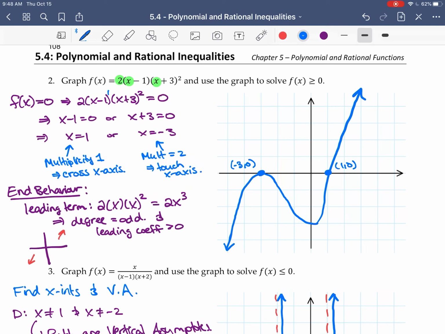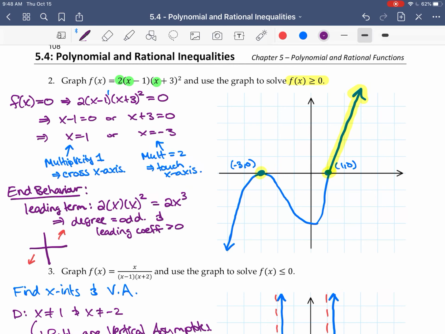This is enough to know where it is bigger than or equal to 0. So let's do this in yellow. This is the inequality we're trying to solve. So equal to 0 at both intercepts, but then bigger than 0 along this part of the curve.